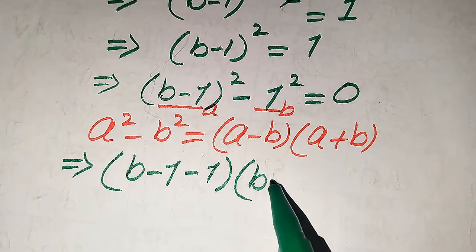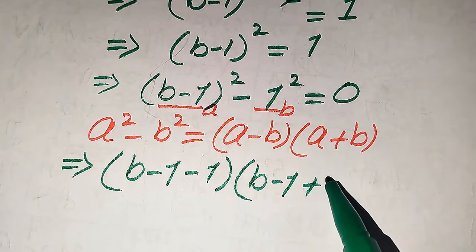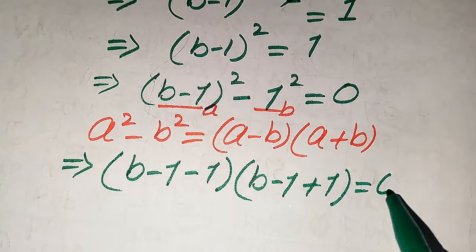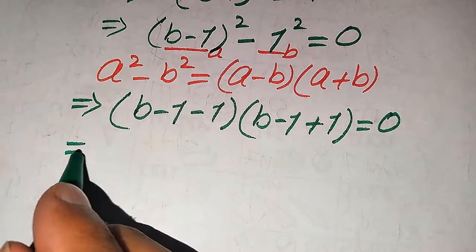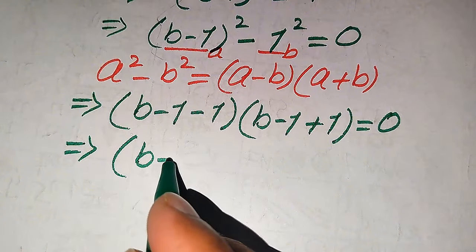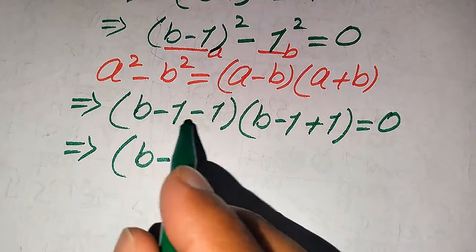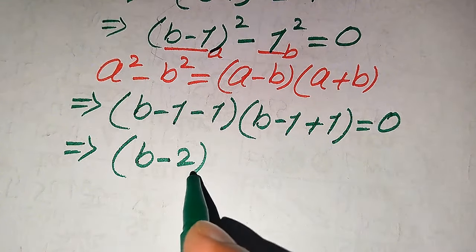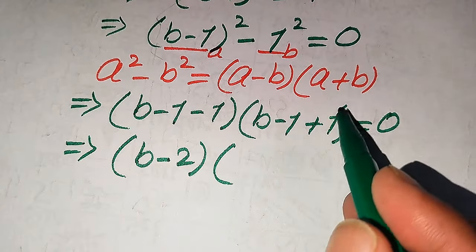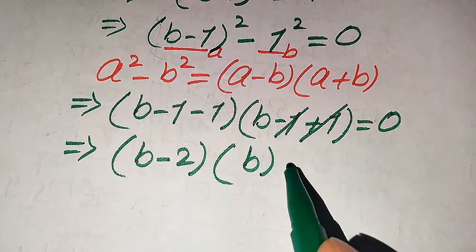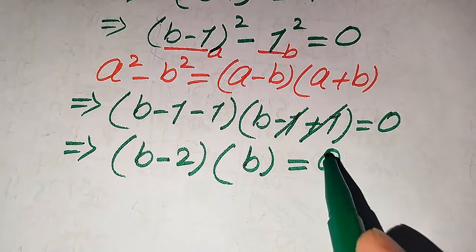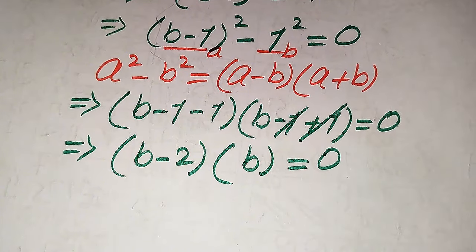So a is b minus 1 plus 1, and this whole equation is equal to 0. Now in the next step, we have b minus 2, because minus 1 minus 1 becomes minus 2, into, here the plus 1 and minus 1 are cancelled out by each other, and we get b only, and this whole equation is equal to 0.